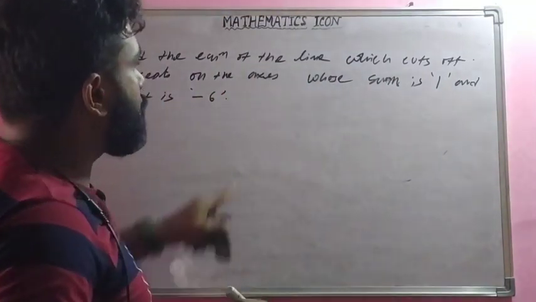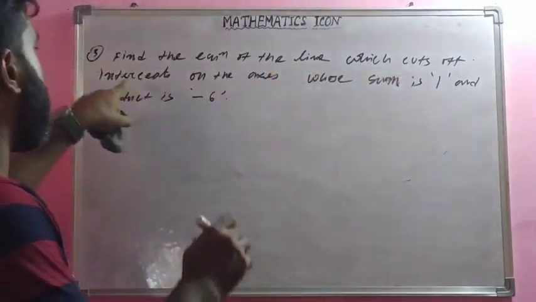Now you need to find the equation of the straight line which cuts off the intercepts.